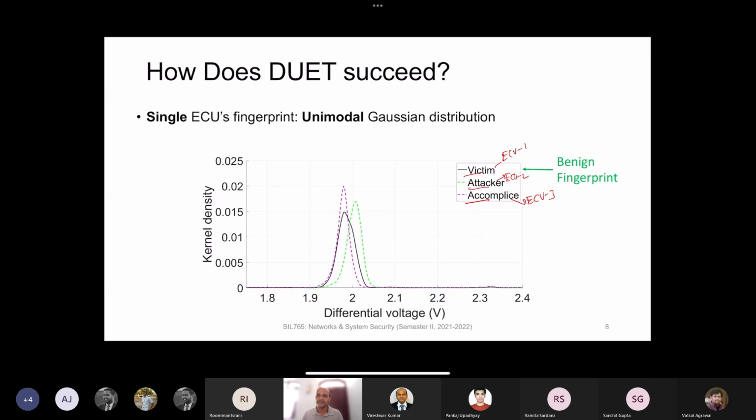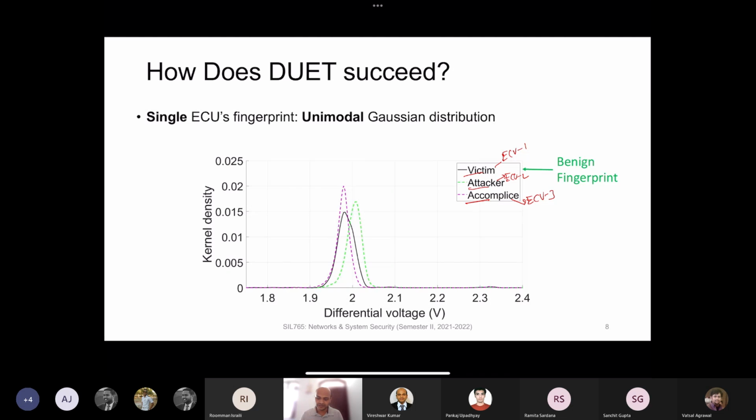So they will also have some voltage features, and we could always plot or extract features out of those ECUs as well. So rather than saying ECU1, ECU2, ECU3, now we are calling them victim, attacker, and accomplice.